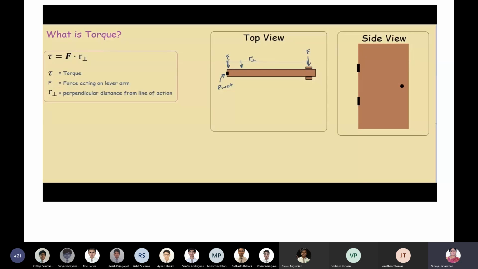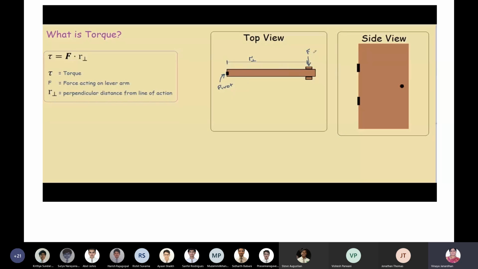So you're basically applying 0 torque to the door. Likewise, if you apply a force over here, remember our definition for R, it must be the perpendicular distance. So if you apply a force into the hinge, there's also no rotational movement because the force is acting parallel to the line of action. So these two cases would yield 0 torque.